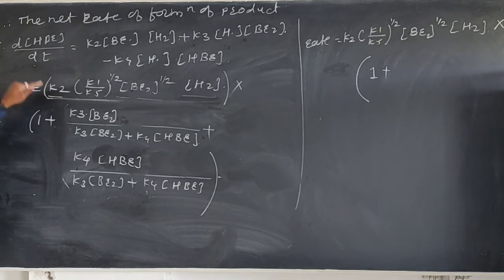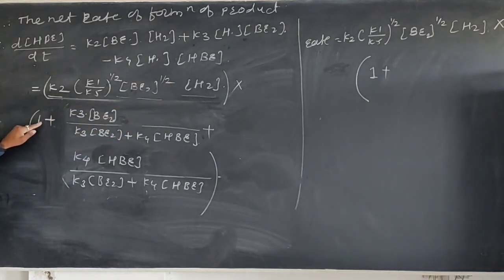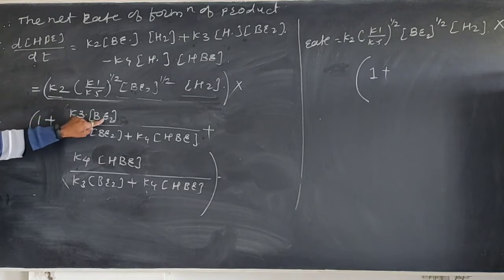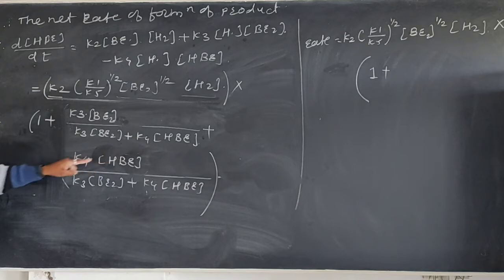Do you understand the expression? K2 K1 upon K5 raised to half, Br2 raised to half into H2 is the common term, and the remaining first term is 1 plus K3 into Br2 divided by the denominator, plus K4 into HBr, denominator as it is, right?